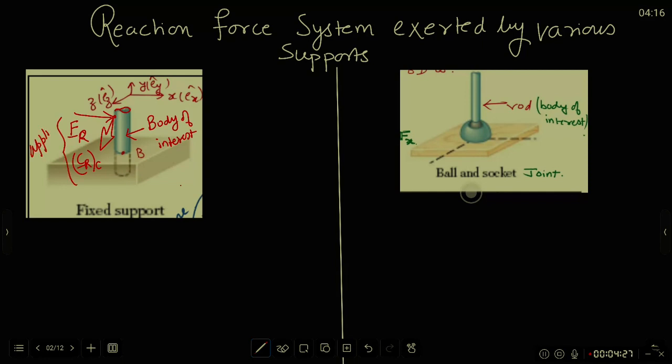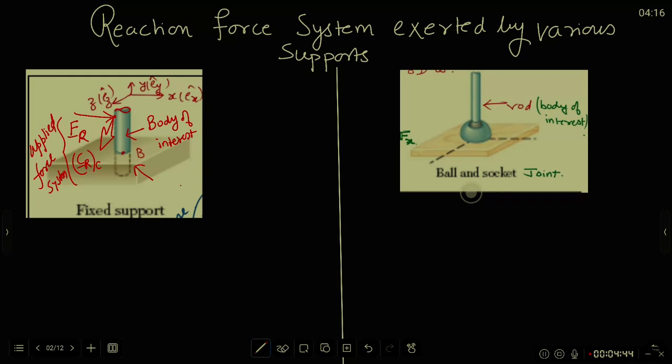And in response to this applied force system, the support will generate what I call as the reaction force system. It reacts to the applied force system. My focus of attention is only the reaction force system.